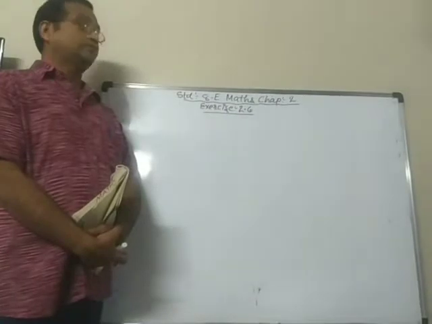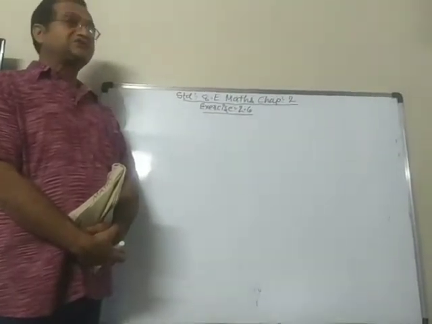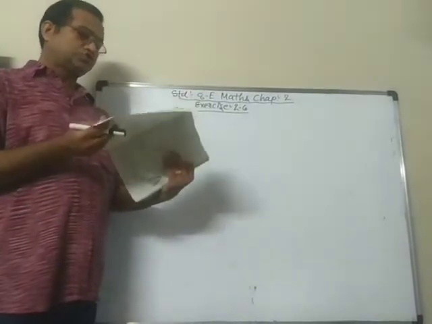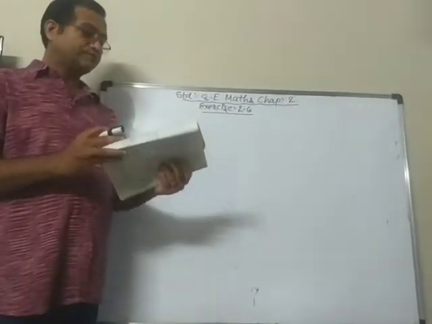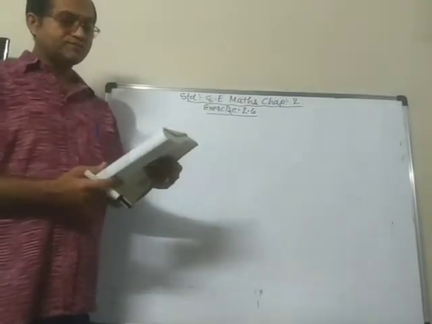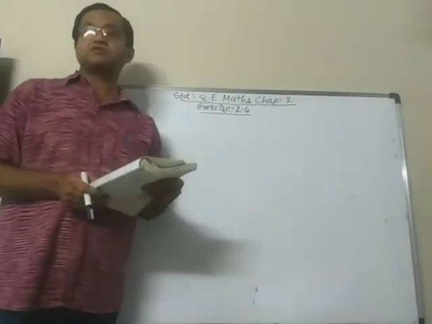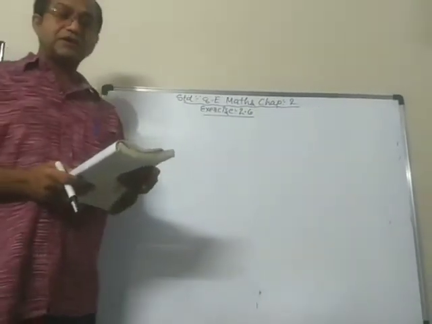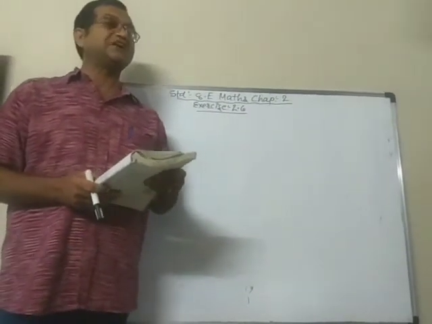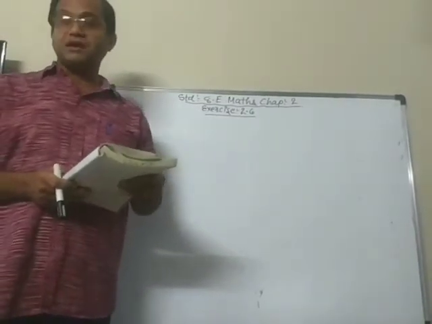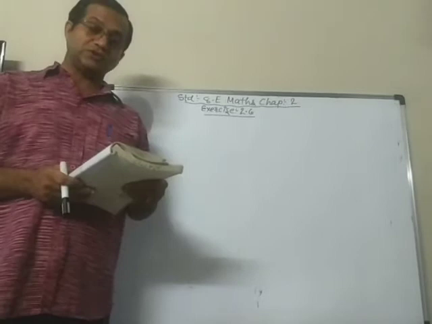Standard 8 English Medium. In chapter 2, in the last video we did exercise 2.5. Now after that there are also some more equations which generally will not be linear equations, but we can reduce them by changing them into the linear form, and then we can find the solution.